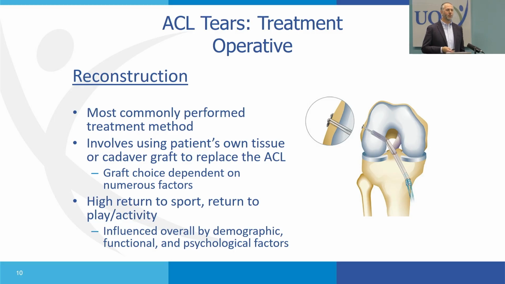How you do that, with different fixation methods, buttons, screws, other devices, is somewhat dealer's choice, and you can do a successful ACL in a number of different ways. But from a foundational standpoint, an ACL reconstruction is really one of the most important things that we talk about to giving a good outcome after an ACL injury.